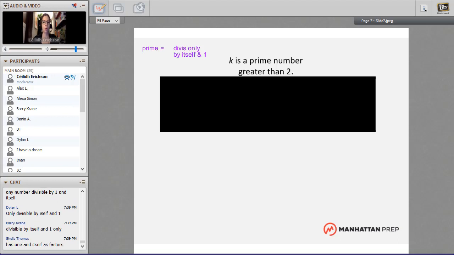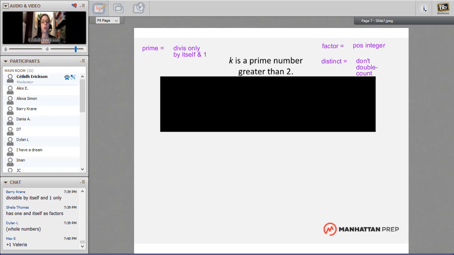When we say the word factor, it implies positive integer factor. When we see the word distinct, what that really means is don't double count. And I think that was all the terminology that we needed here.